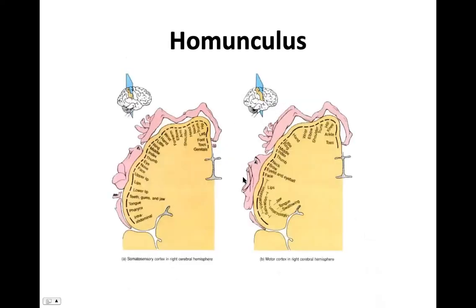So here's the homunculus. Here's your legs at the top, and then there's no trunk because there's very little motor and sensory activity in the trunk. Look how big the hands are, and look how big the face and lips are. And so that is the orientation of the motor strip.